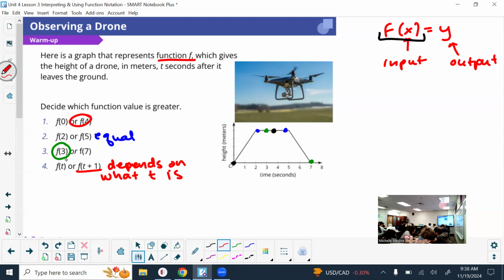And also important to note, look what's happening to the 1. That's affecting the input because it's in the parentheses, not the output. Okay, so for example, if I were to plug in 5 for the t, so I have f of 5 and f of 5 plus 1, which is basically 6.